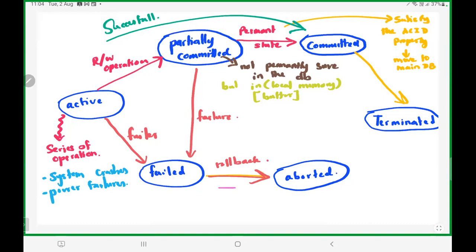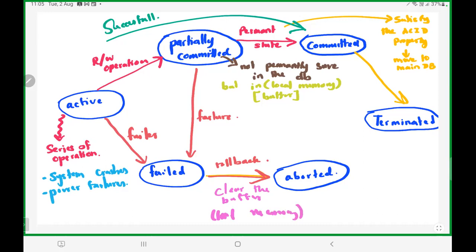Right? That means they clear the buffer. What is saved in the buffer now is the partially committed data. Buffer means local memory. They can clear the local memory.